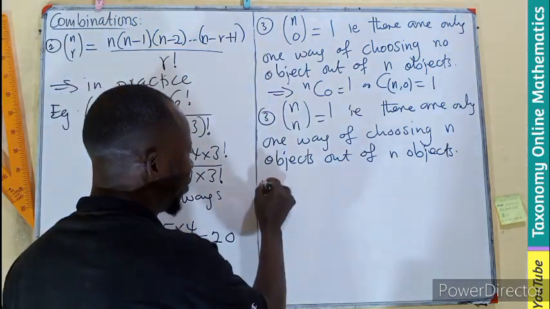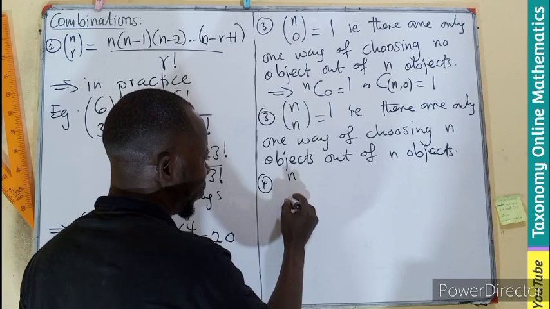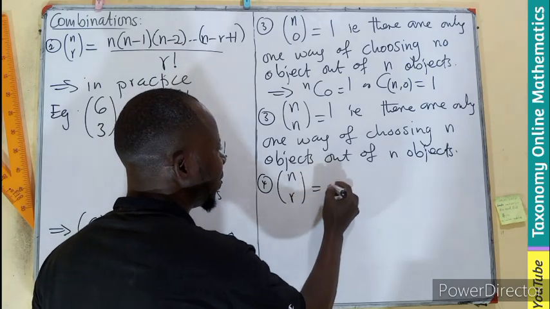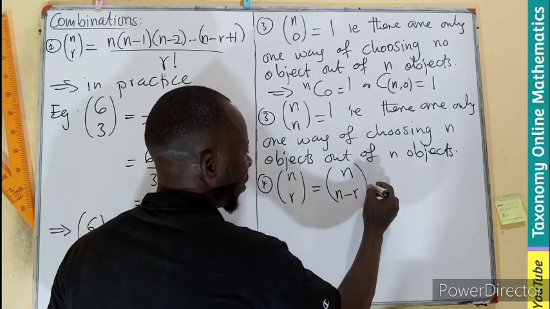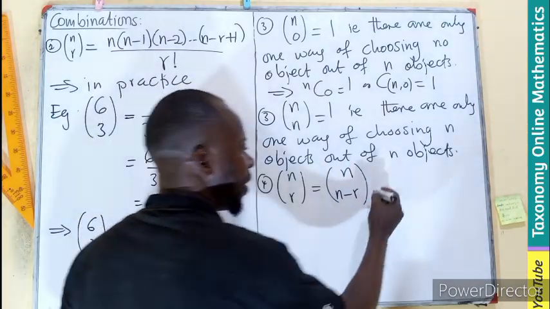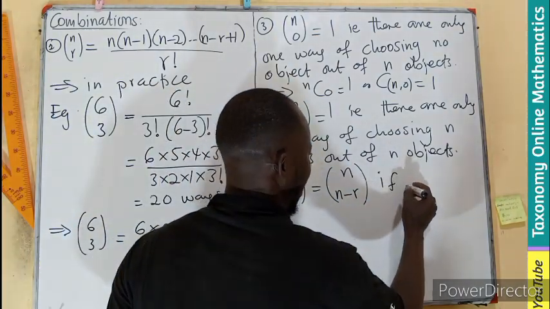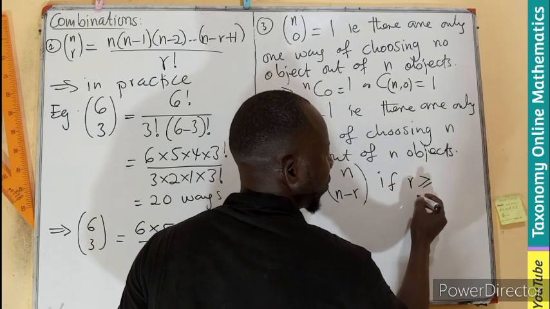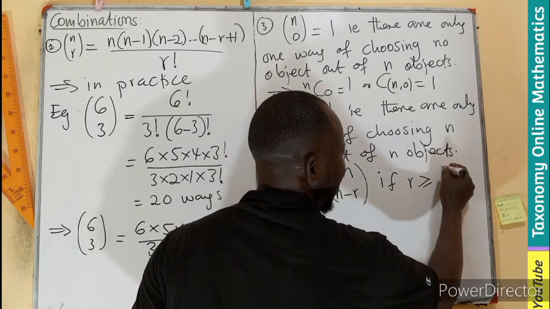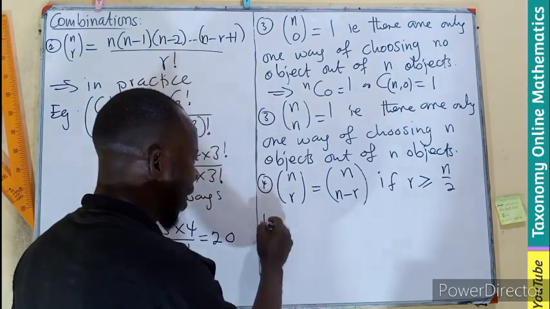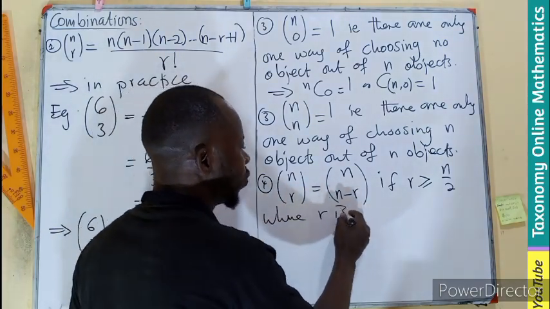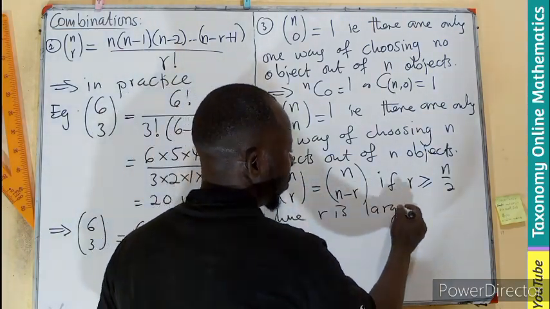Then the final one could be, if I have n combination r, that should be the same as n combination n minus r. This is the same as this. If we have r greater than or equal to, let's say, n on 2. Better still, we can say where r is larger.